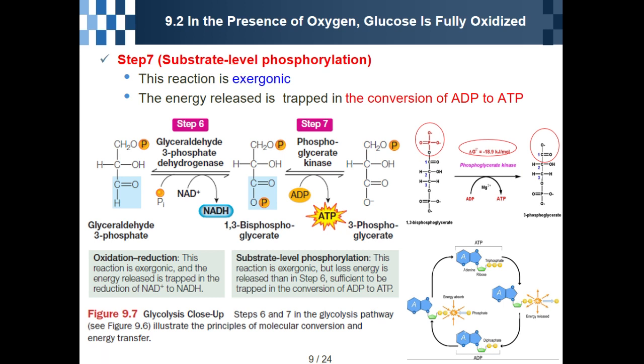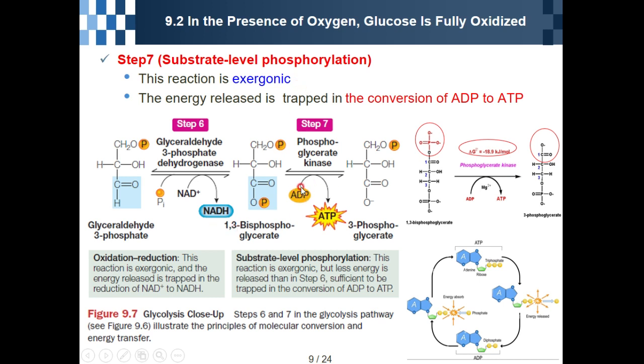It happens in the cytoplasm. Substrate level phosphorylation, in Korean we call it 기질 수준의 인산화. It happens here, in the cytoplasm.